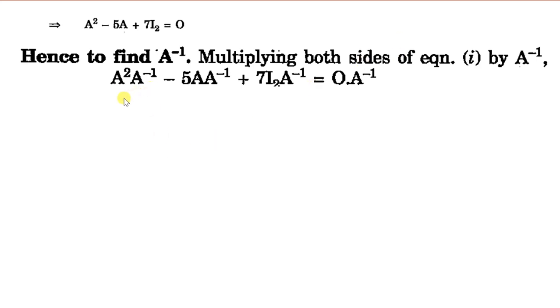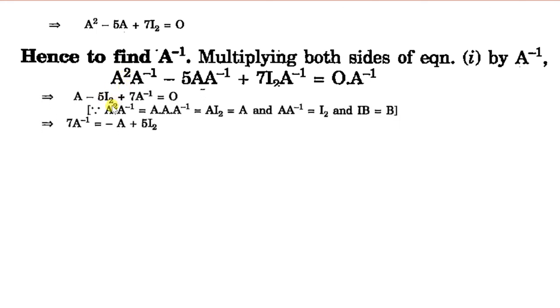Now A into A inverse is the identity matrix, so we can write it as A, because A into A inverse is the identity matrix, and the identity matrix multiplied with A gives you A. So the first term becomes A.